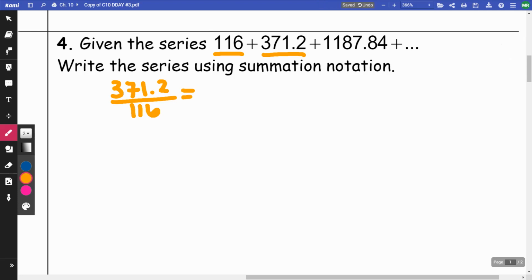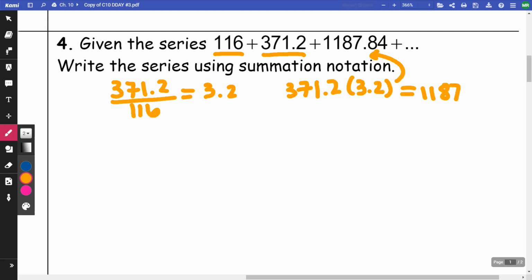So 371.2 divided by 116 is 3.2. Let me just double check and make sure that if I take 371.2 and I times it by 3.2, I get that. So when I put that in my calculator, I did end up getting 187.84. So my R is going to be 3.2, and this is geometric.